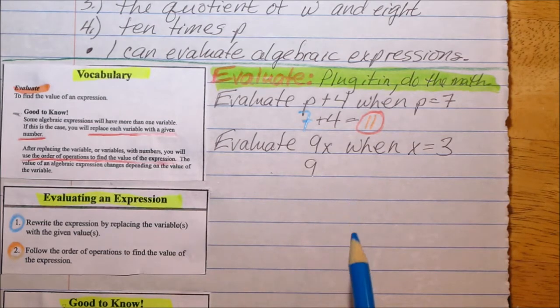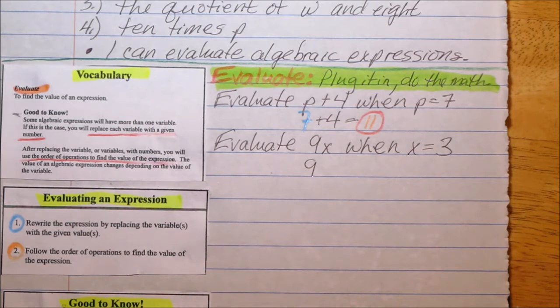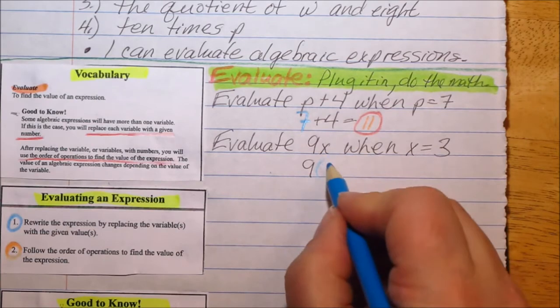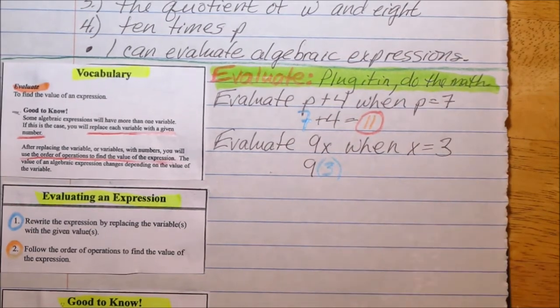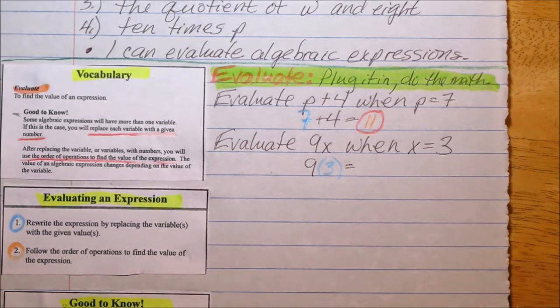All right, so I can't just put the 3 right next to the 9 there, can I? I mean, that would look like 93. Okay, so here's where either I would put a dot or parentheses. The more proper way to do it would be with parentheses. So now I have 9 times 3, and that's our expression now that's ready to be solved.